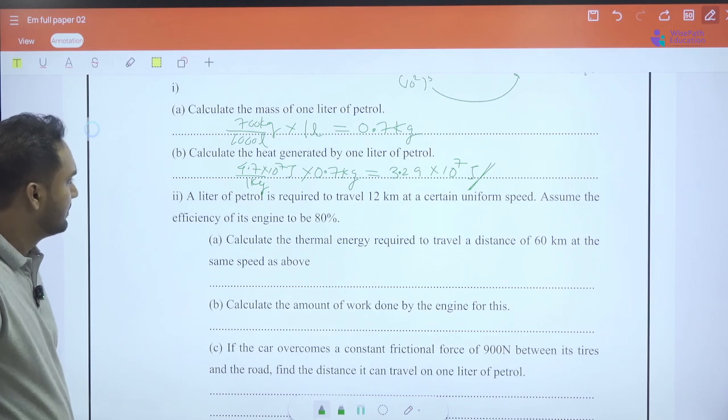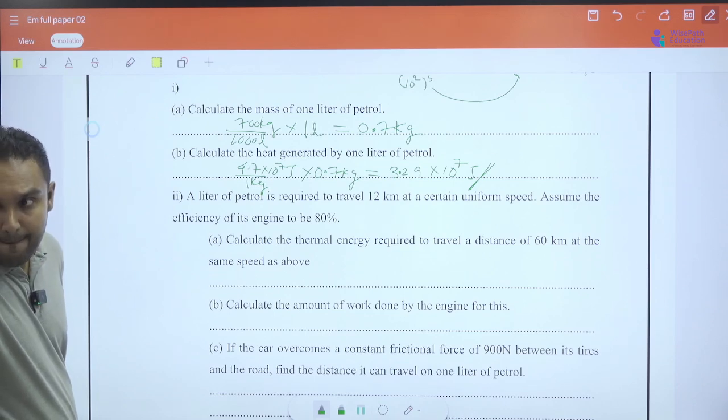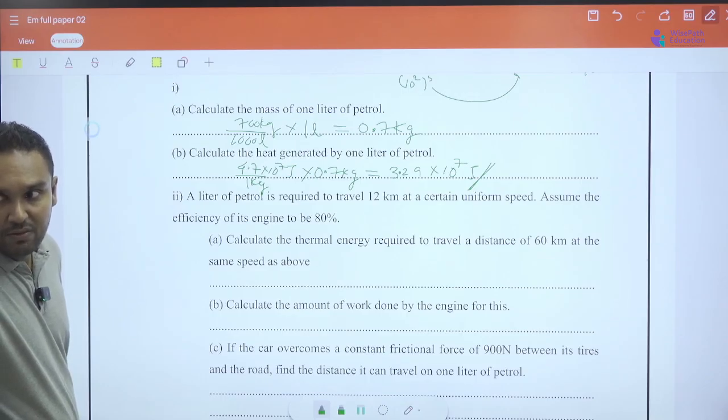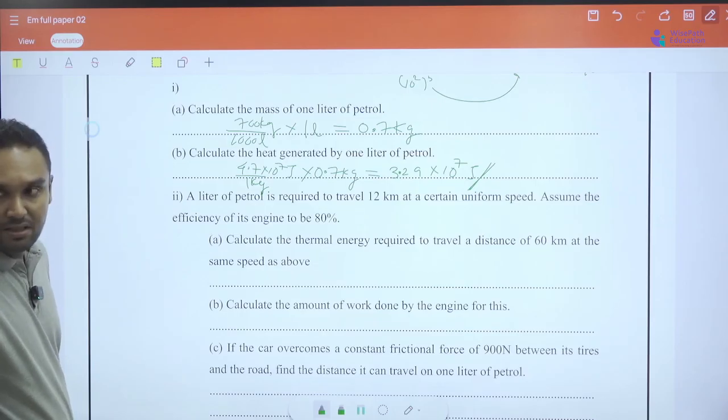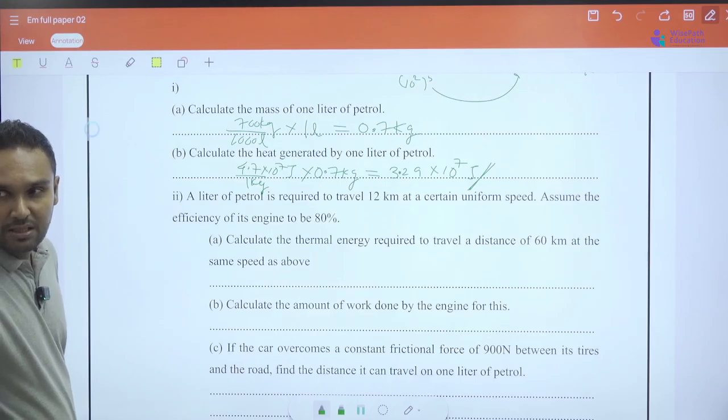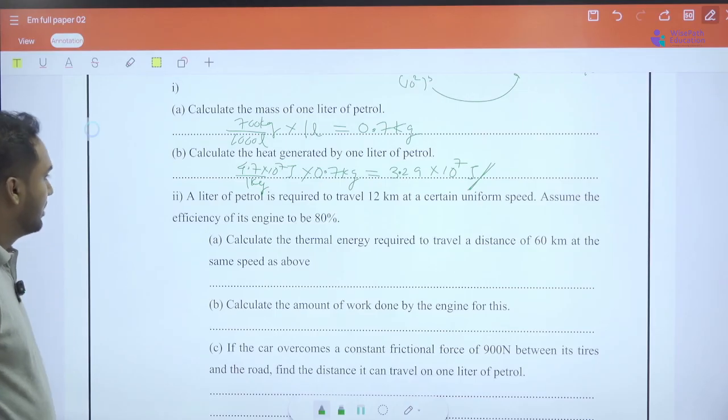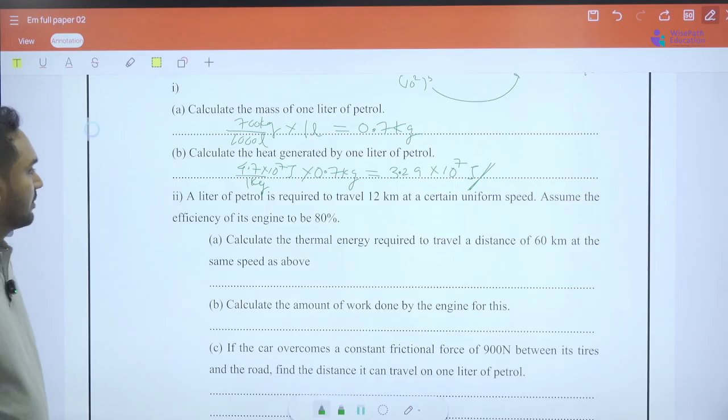That means 20% is what? 80% is efficiency. That means the effective work over the input, right? So input is 100%, 80% is effective, the 20% is usually heat, right?